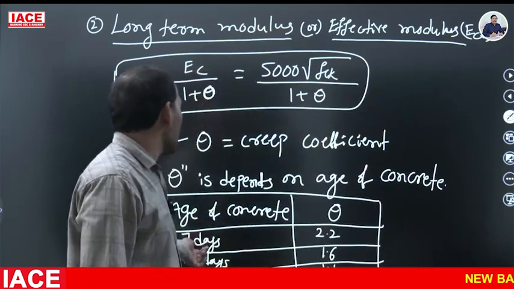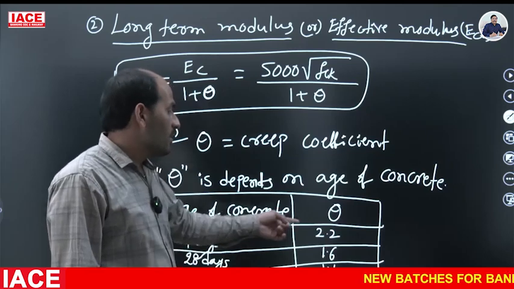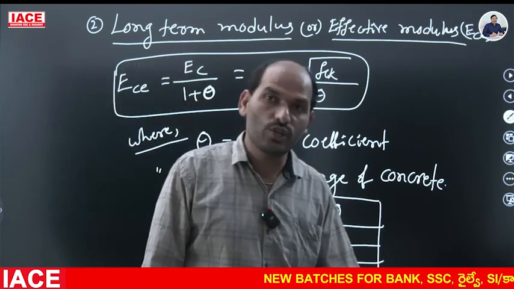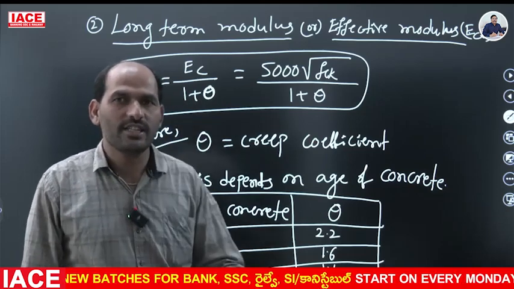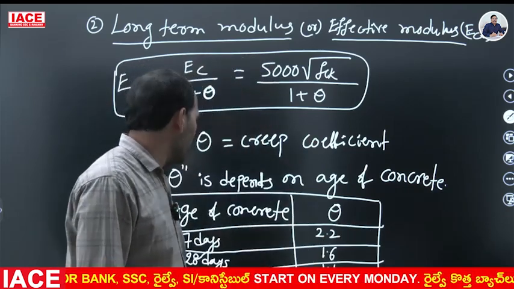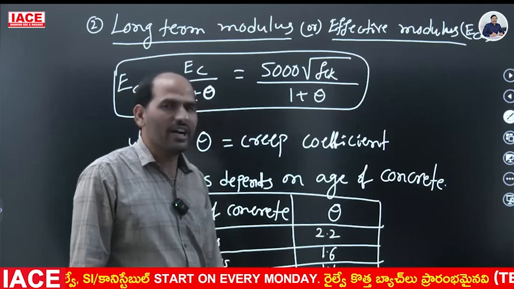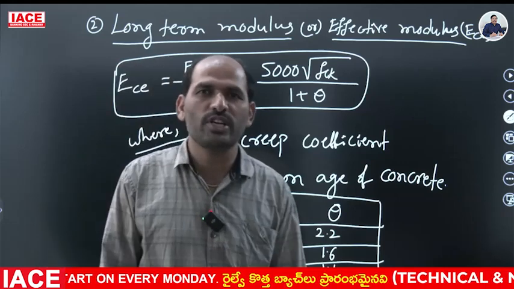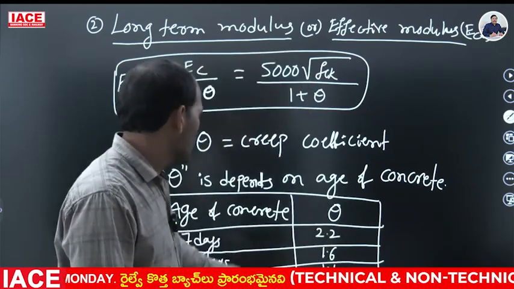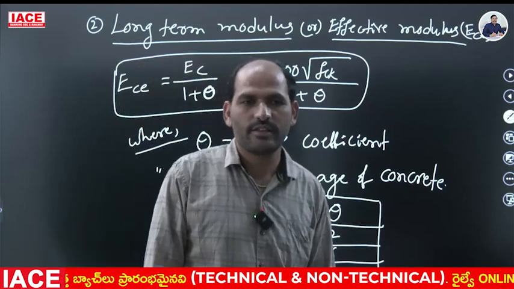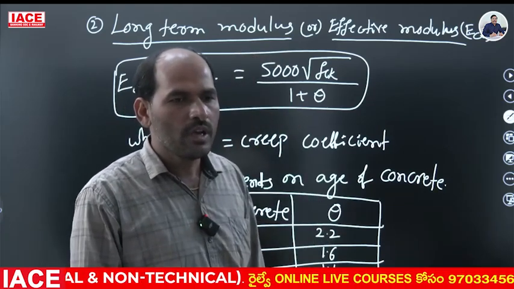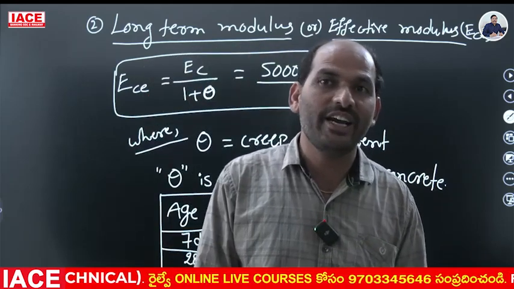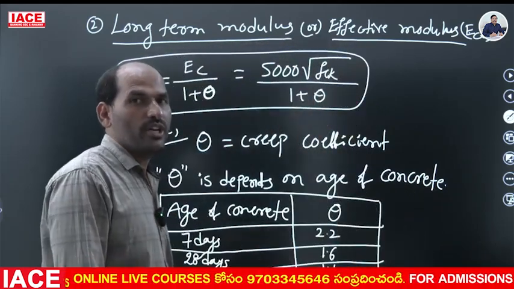Here, for the 7 days age of the concrete, the creep coefficient value is 2.2. Here the age of the concrete is 28 days, that means 1 month age of the concrete, and the creep coefficient value is 1.6.